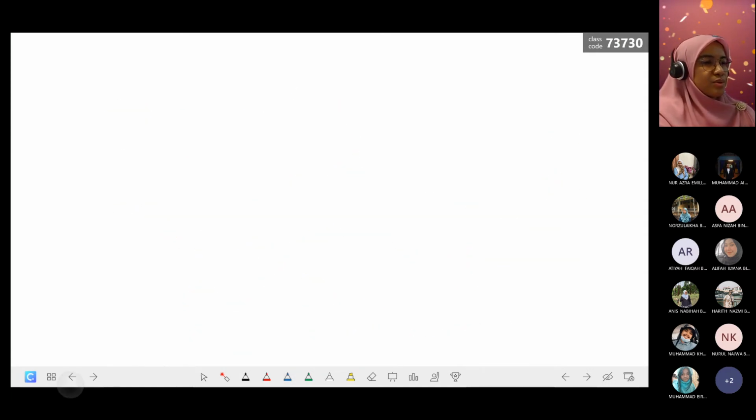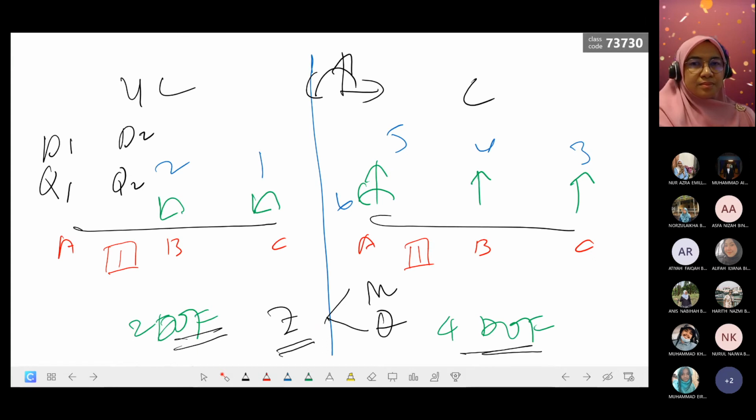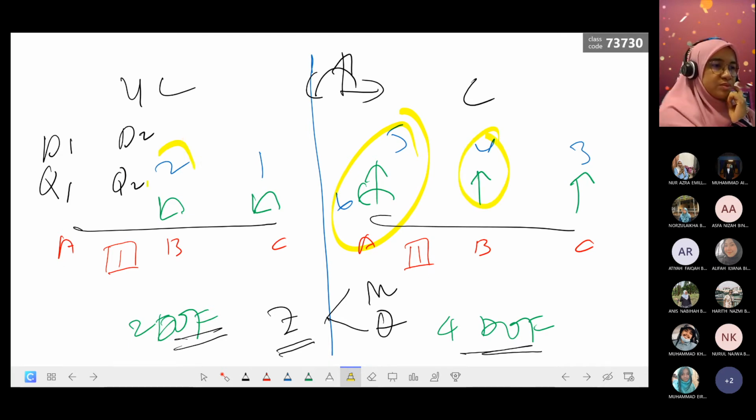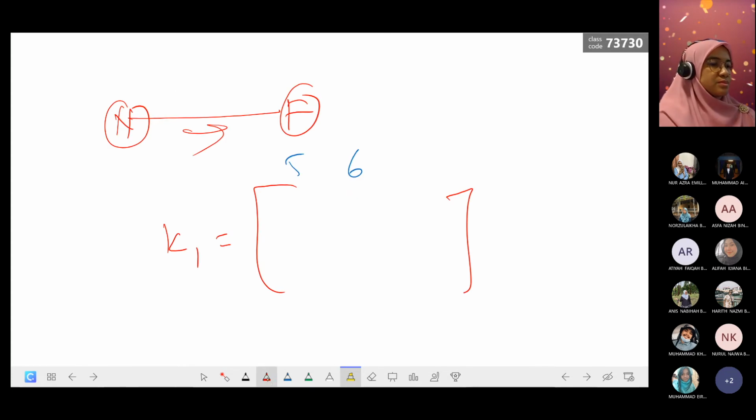Siapa tahu? 5, 6. YZ. Lagi 2: 4, 2. And kita akan dapat lagi satu K2.